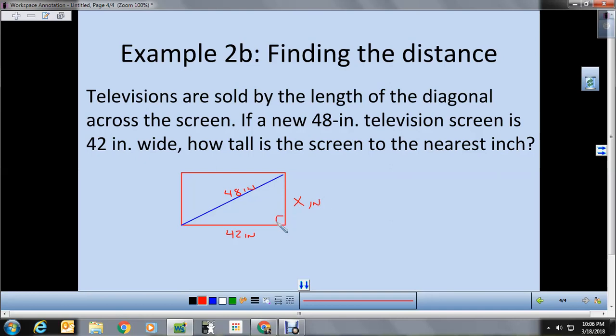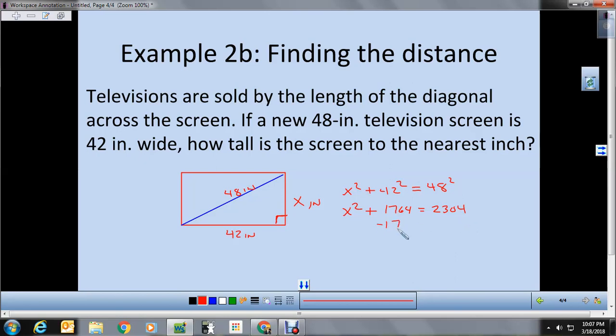So, a rectangle has a right angle. So therefore, we're going to have x squared plus our other leg squared, which is going to be 42, is equal to 48 squared. So as we square these numbers, we get x squared plus 42 squared, which is 1,764. 48 squared is 2,304.